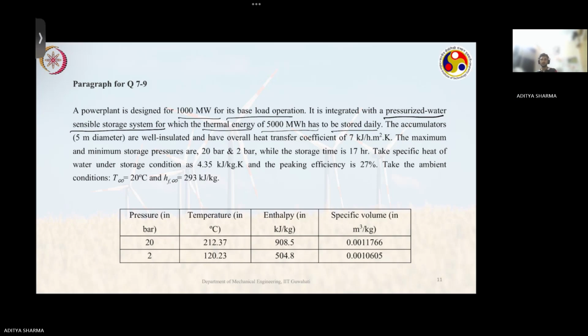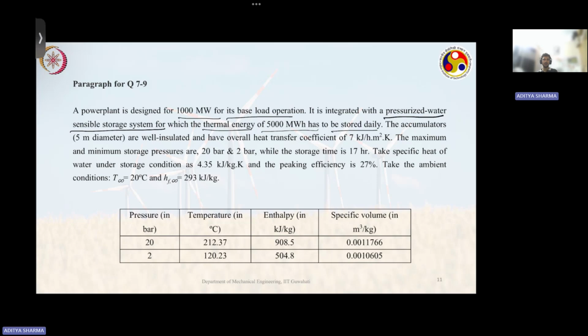Then accumulators of 5-meter diameter are well insulated and have an overall heat transfer coefficient of 7 in SI units, or kilojoule per hour meter square Kelvin.